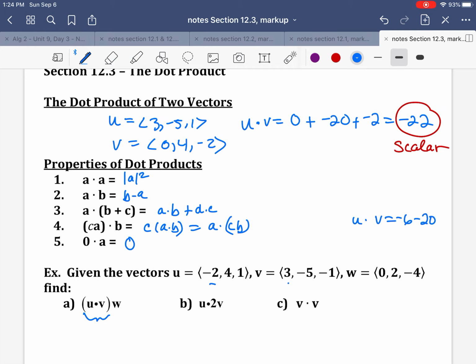And then 4 times -5, so -20. And then -1. So I get -27. So what I end up getting is -27 multiplied by w, which is 0, 2, -4. So I end up getting 0, -54, and then 108. Okay, so I'm going to leave letter B for you to do right now.